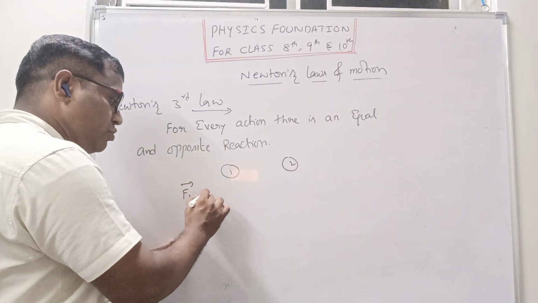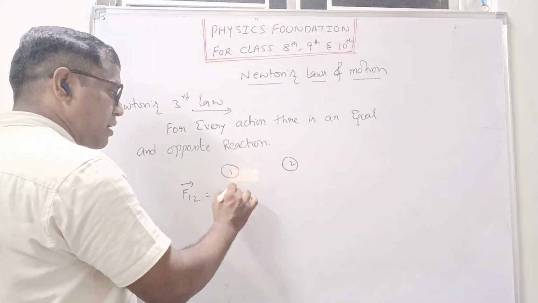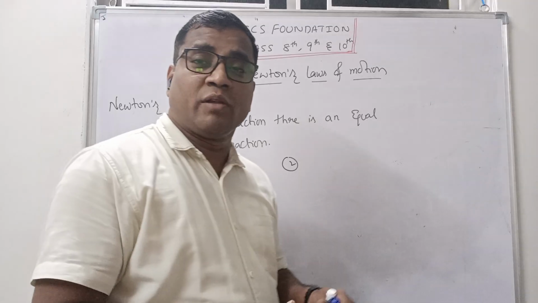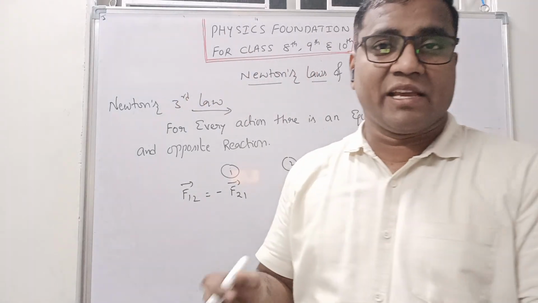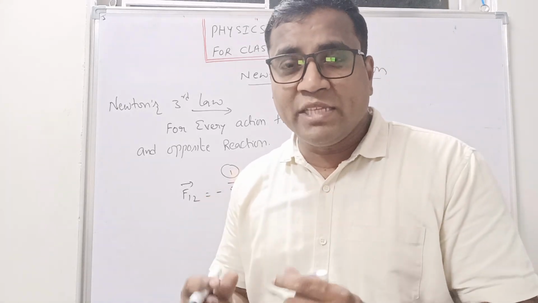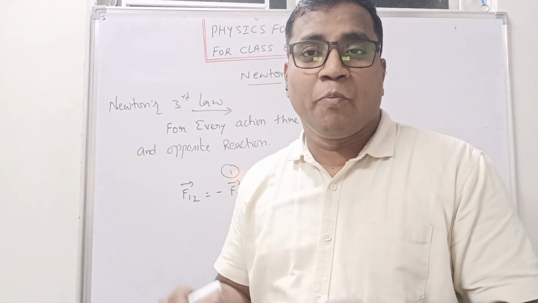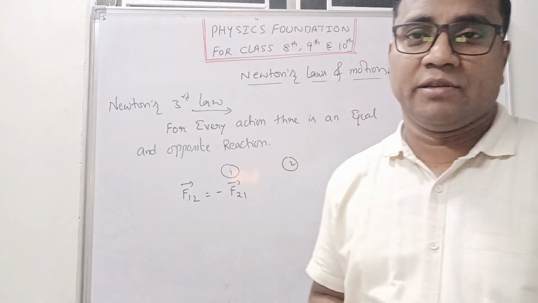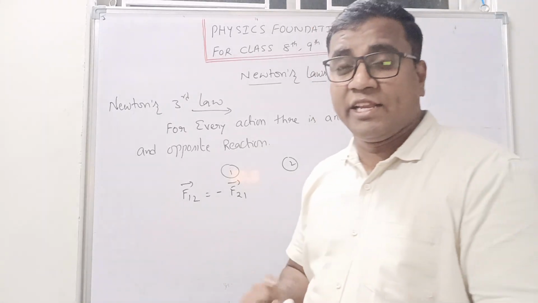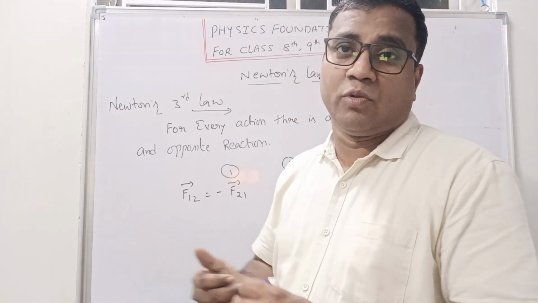Force acting on one due to two is equal and opposite to, so minus, force acting on two due to one. Magnitude-wise both are the same, but they are opposite to each other. That is called Newton's third law. It is a small definition, but in further classes and topics, this one plays a major role.